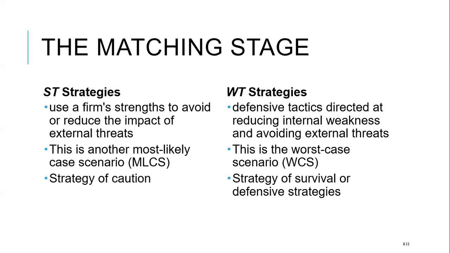And the last case scenario, which is the worst case scenario that one may utilize in order to survive when all other options are not succeeding, is the weakness threat strategy.